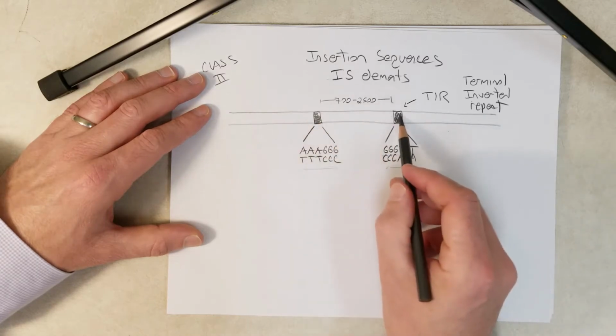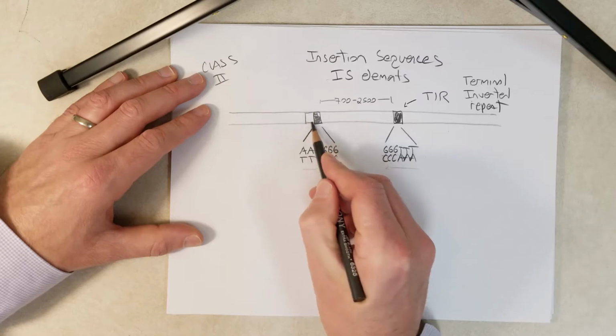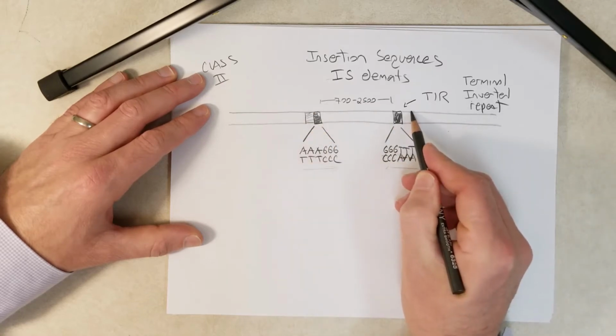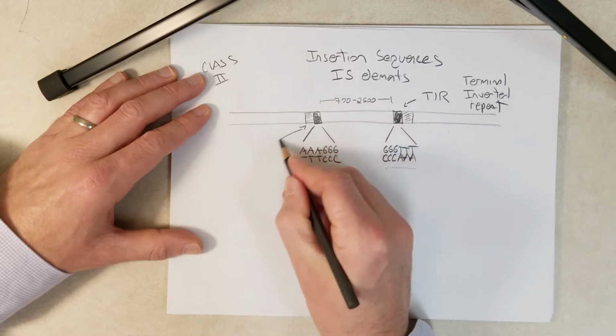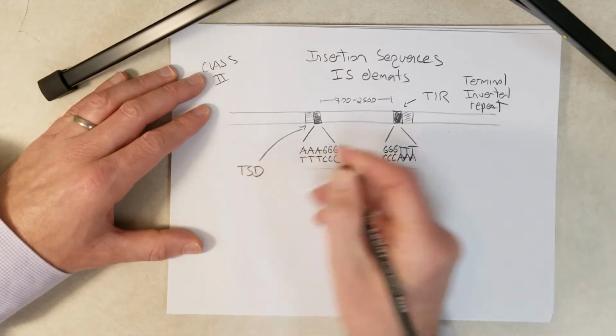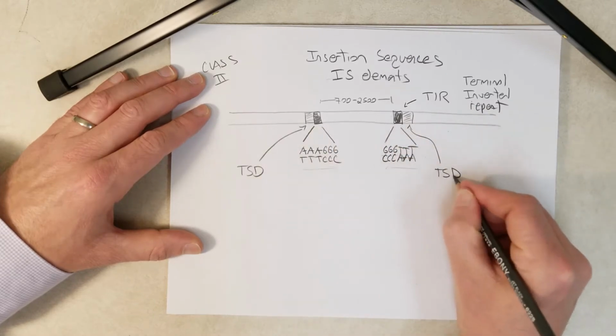So now outside of the TIRs, there is going to be something else. And these are going to be called TSDs. So one TSD over here and another TSD over there.